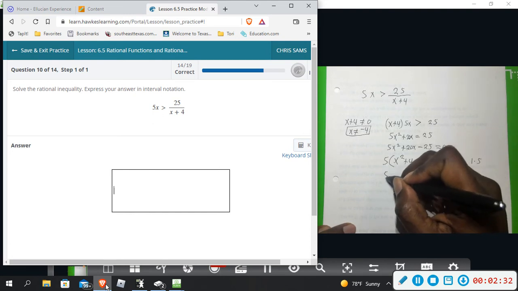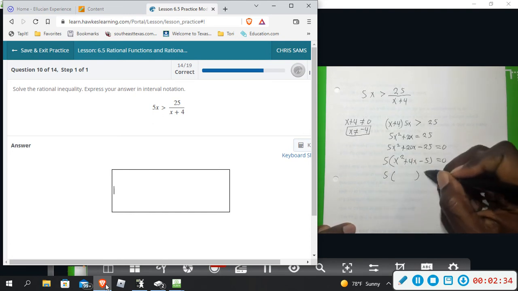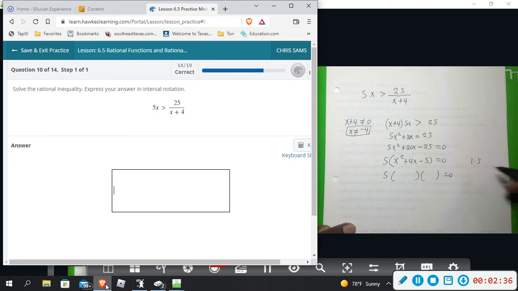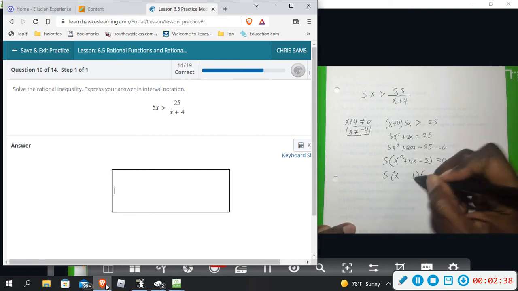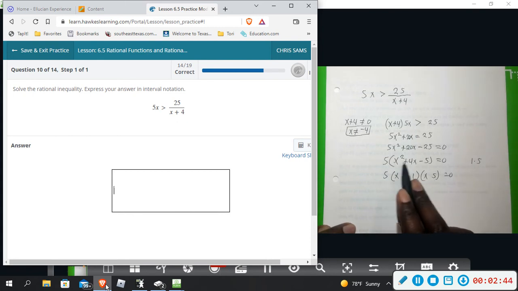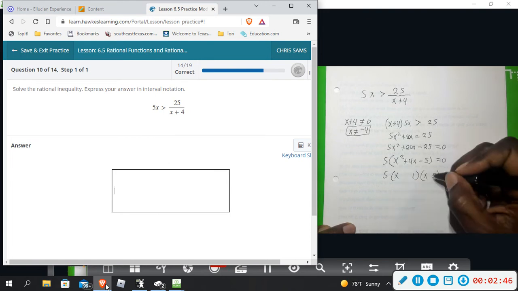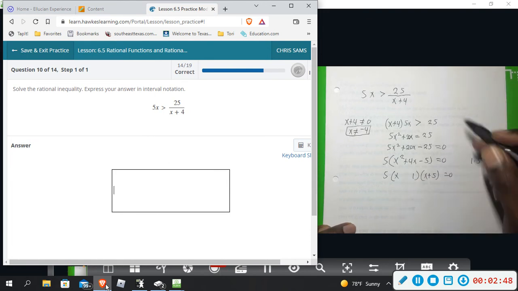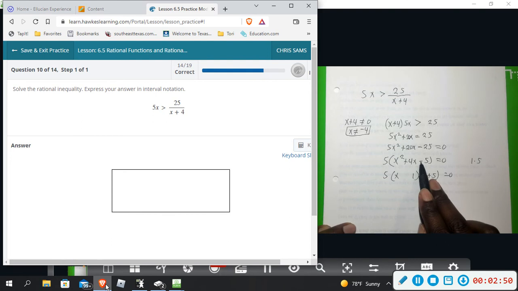So I'm just bringing that 5 down, 2 sets of parentheses. And then we get x and a 1 and x and a 5. So this is splitting up the x and then the numbers that we found. Going left to right, the first sign is positive. That's a bigger number. So x plus 5. And then the second sign is a minus, which tells us that they're different. So this has to be minus 1.